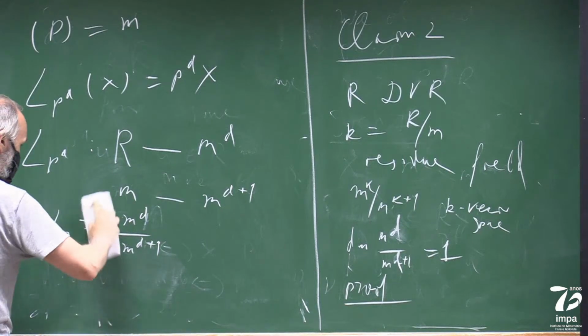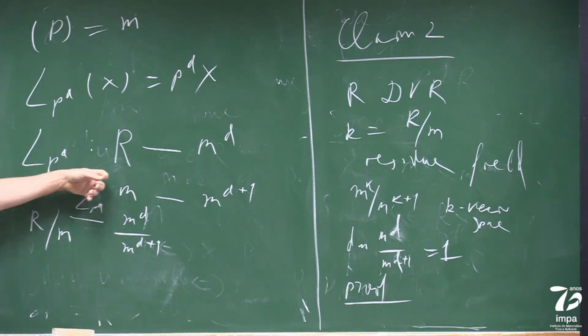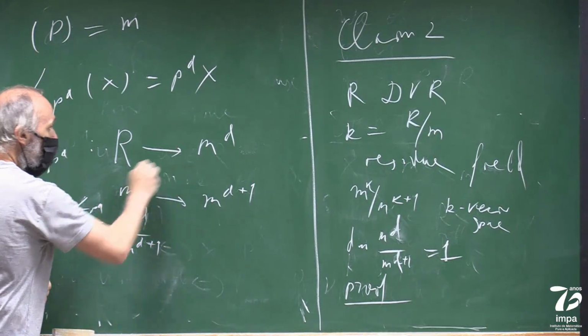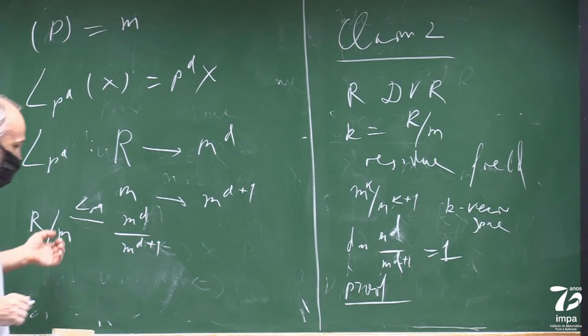This isomorphism is provided by this multiplicative map because of these two isomorphisms. Clear? And this by definition has rank 1 over K because it's K.